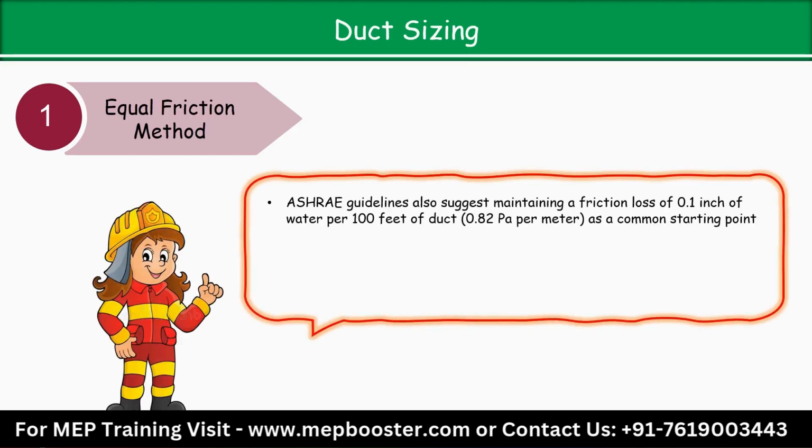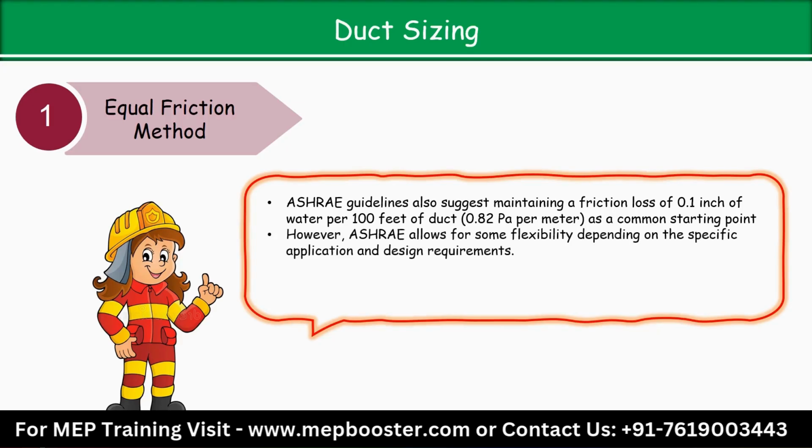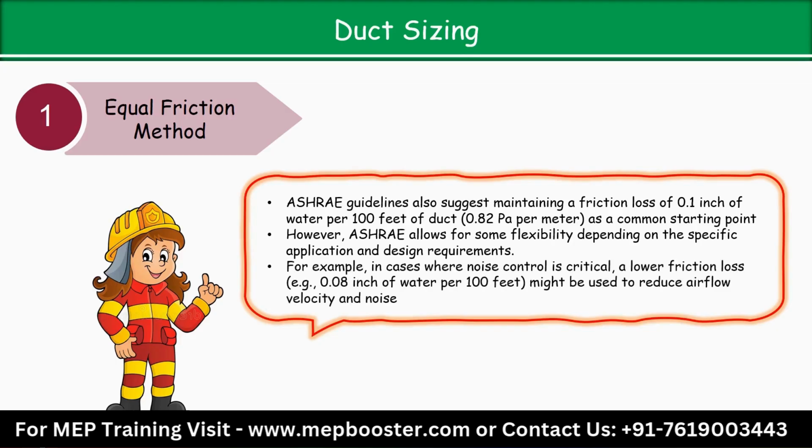Now here, as per ASHRAE, guidelines also suggest maintaining a friction loss of 0.1 inch of water column or water gauge per 100 feet of duct length as a common starting point. However, ASHRAE allows for some flexibility depending on the specific application and design requirement. For example, in cases where noise control is critical, a lower friction loss, for example 0.08 inch of water column per 100 feet of duct length, might be used to reduce airflow velocity and noise.